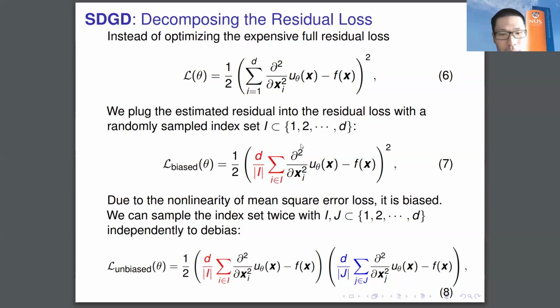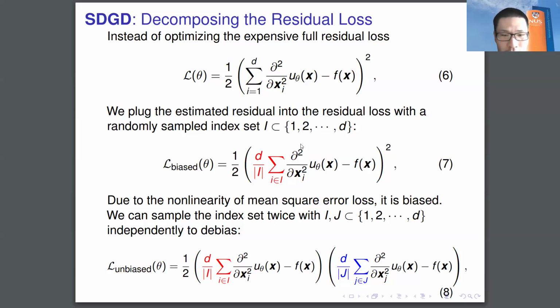To de-bias the loss function, we can sample the index set twice with two independent index sets, I and J. So the loss function in equation 8 is an unbiased estimator. You can see that we have two index sets, and the expectation of equation 8 over I and J will be equation 6, which is the full residual loss.